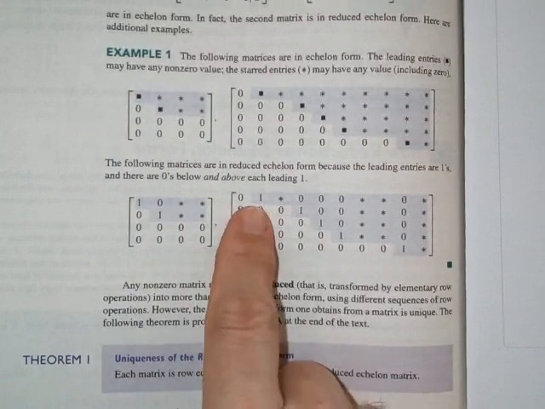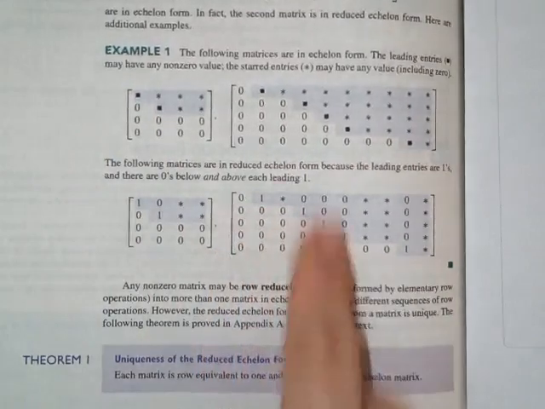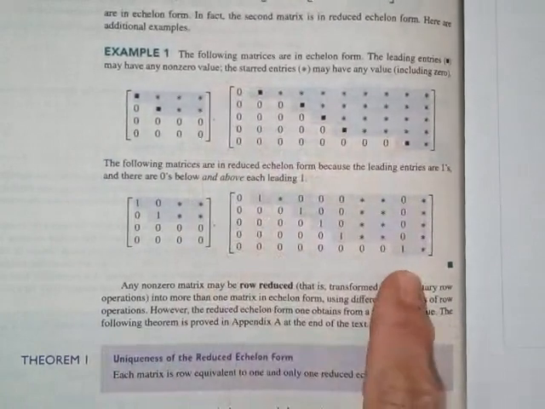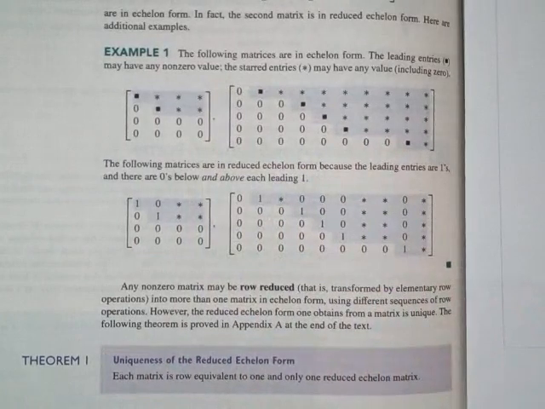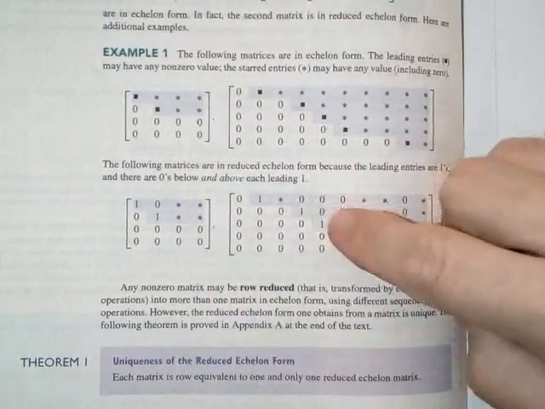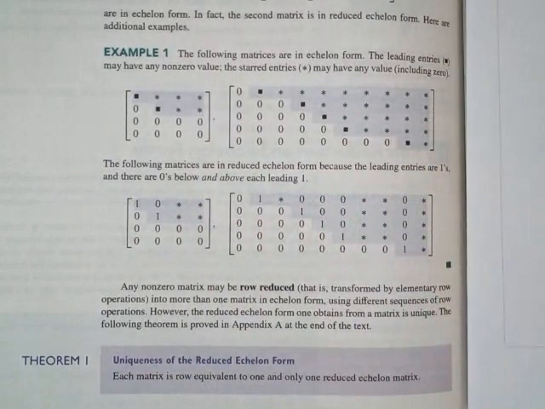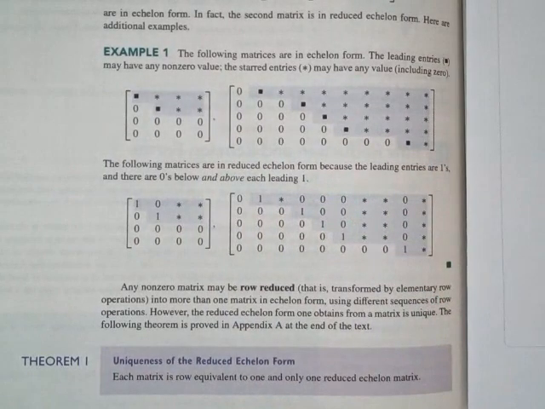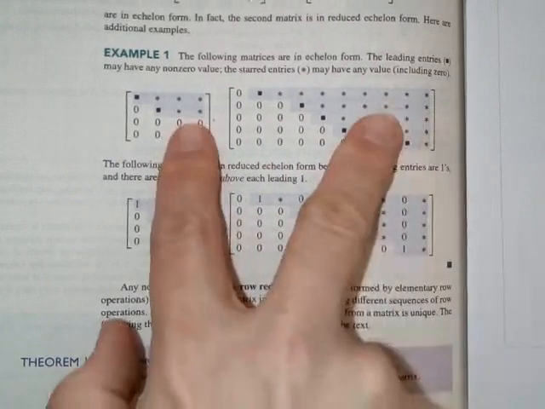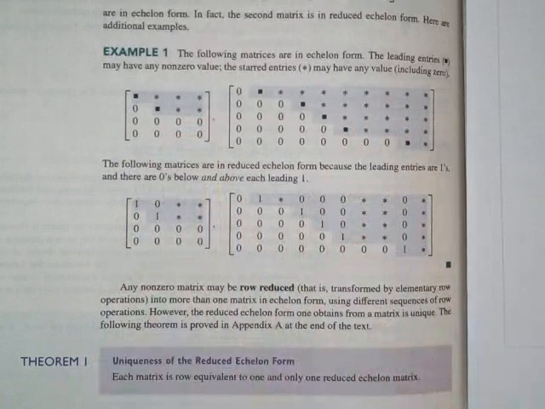Here, same thing. Make that a 1, make that a 1, make that a 1. All of these boxes turn into 1s. But then above those, we do more row operations, more elimination steps to make zeros above as well as below. Row echelon form, reduced row echelon form.